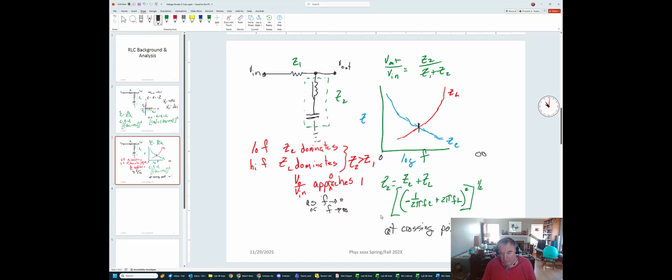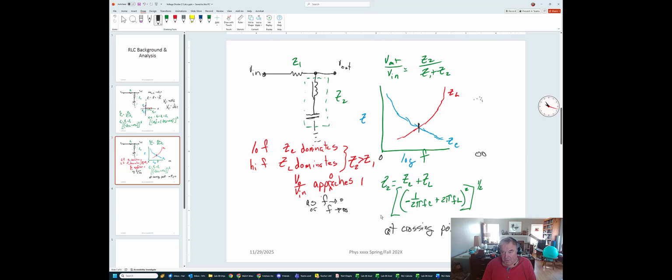That means Z2 equals 0. And so that means that V out over V in is going to equal 0.